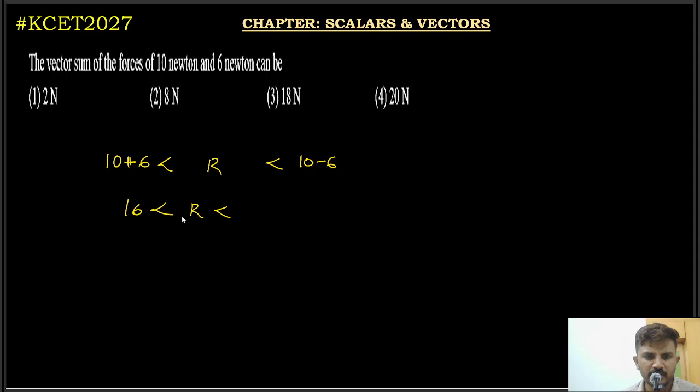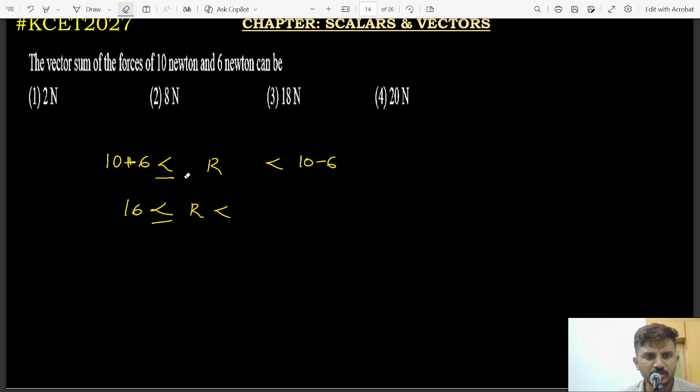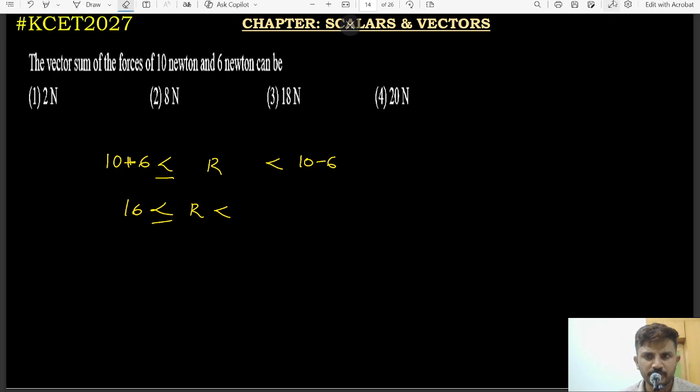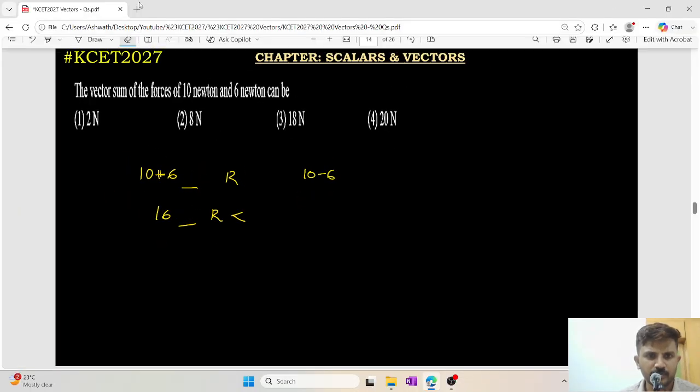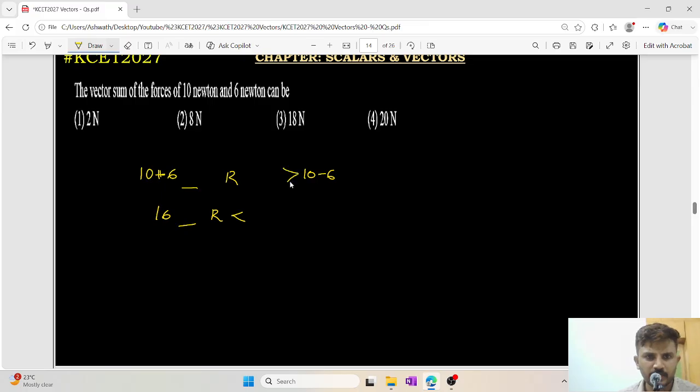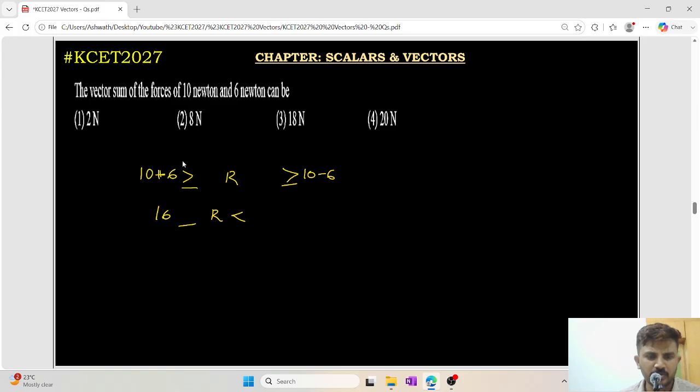The resultant will be greater than or equal to this value and less than or equal to this value. 10 minus 6 is 4. So between 16 and 4, which number is there? I think 8 is the correct answer.